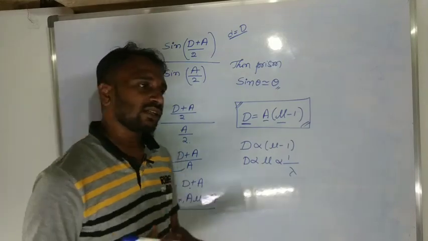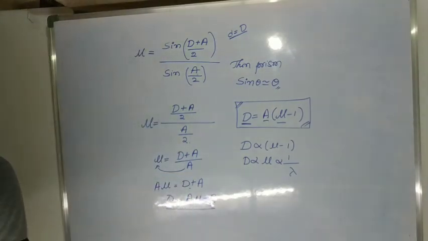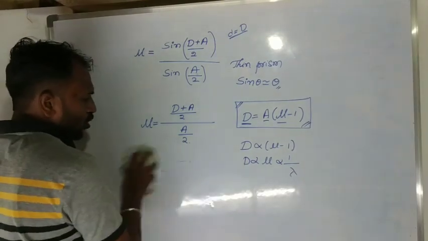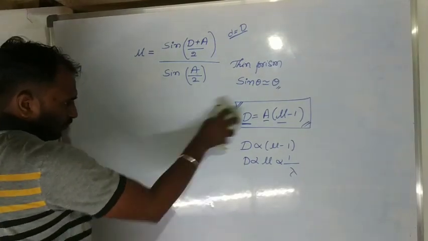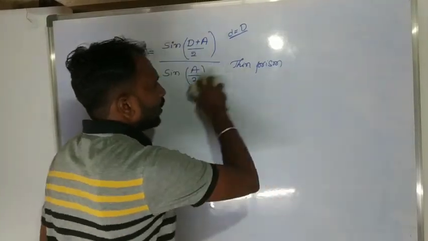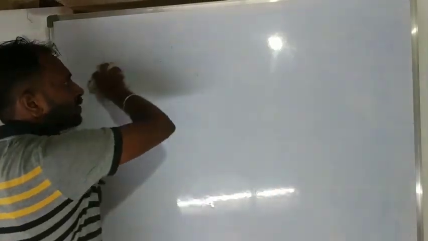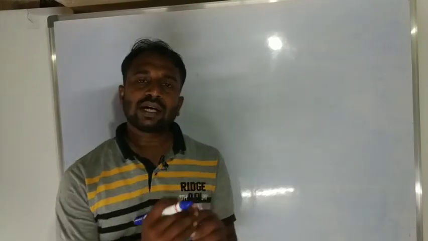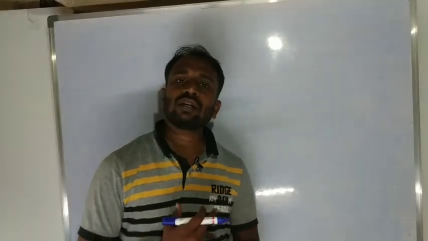So for this reason we consider two light rays. You already know that a spectrum has 7 colors. Here we consider only 2 colors: one is red, another one is violet. Why red and violet?